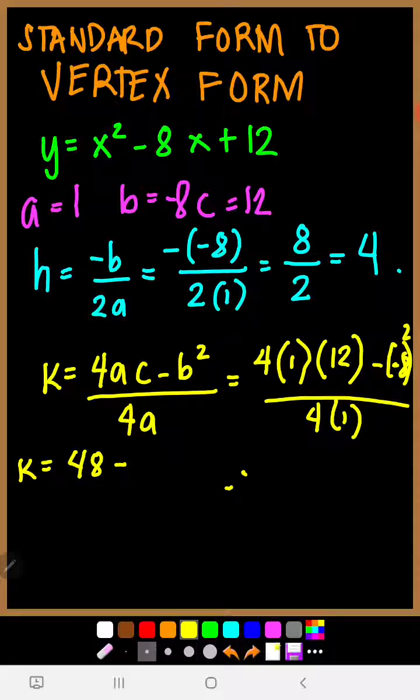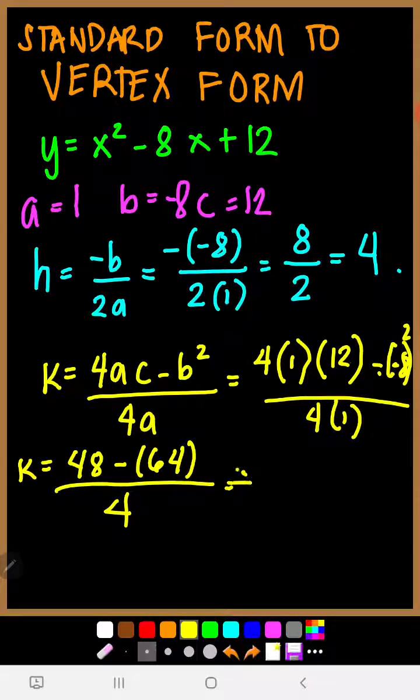Minus, so negative 8 times negative 8 is positive 64. Okay. Notice na hindi siya naging positive kasi naka-parenthesis tayo doon. So, ni-square muna natin yung 8. Hindi natin minultiply yung negative times negative. Okay? Divided by 4.